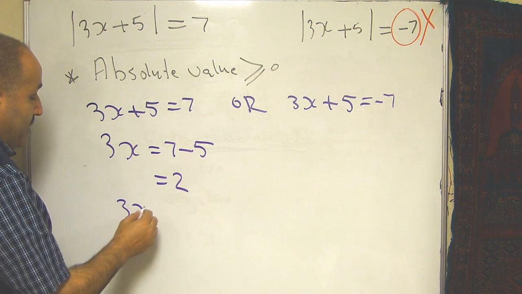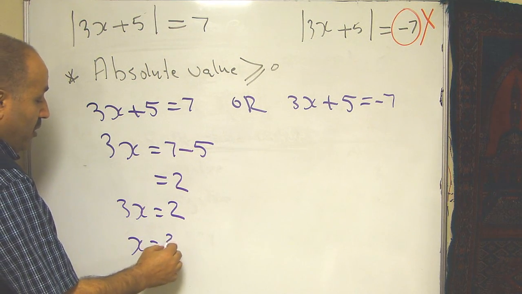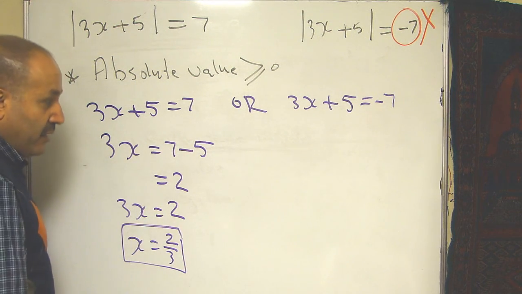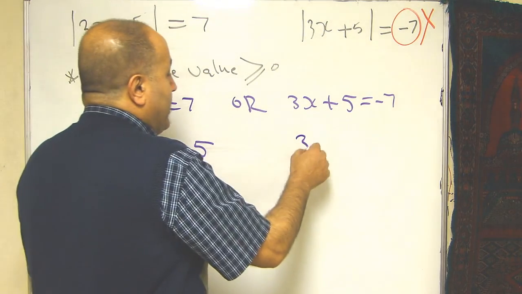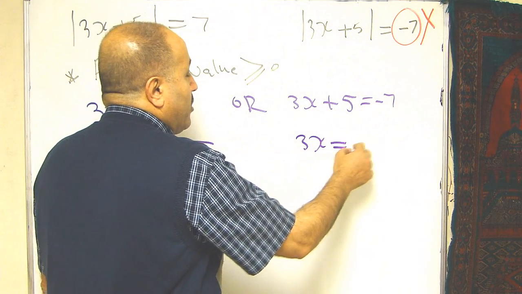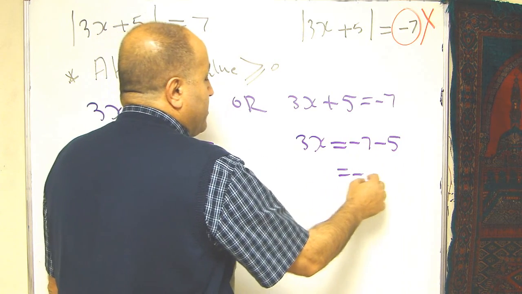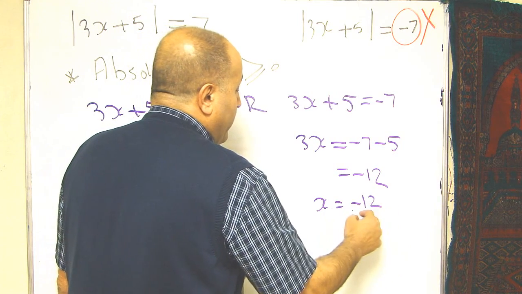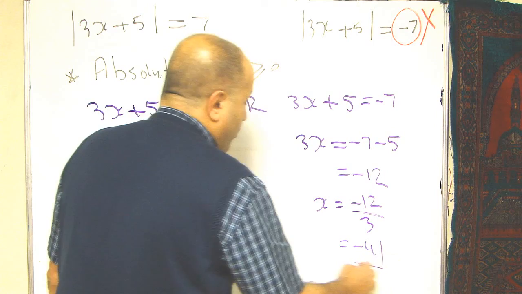So 3x equal to 2, so x equal 2/3. And let me solve this here. 3x equal minus 7 minus 5, and this is minus 12. So x equal minus 12 divided by 3, and that should be minus 4.